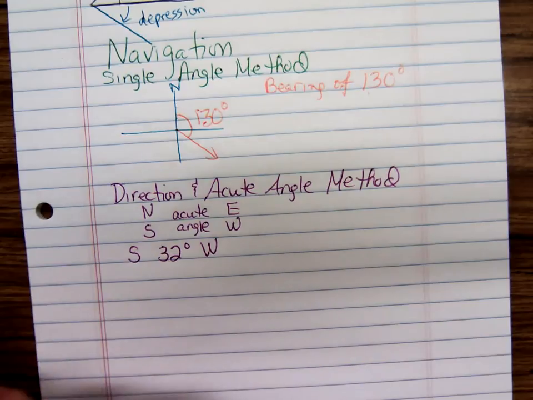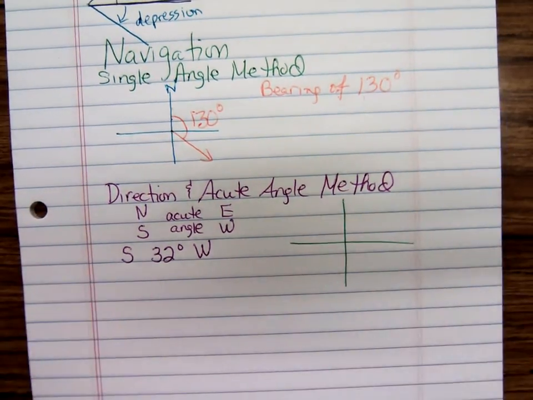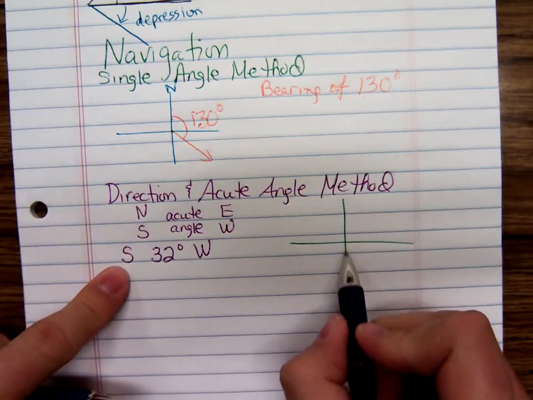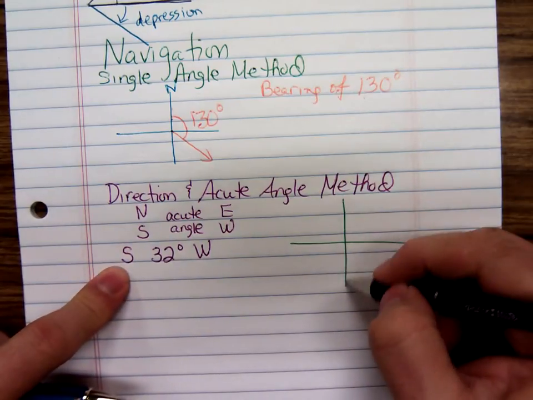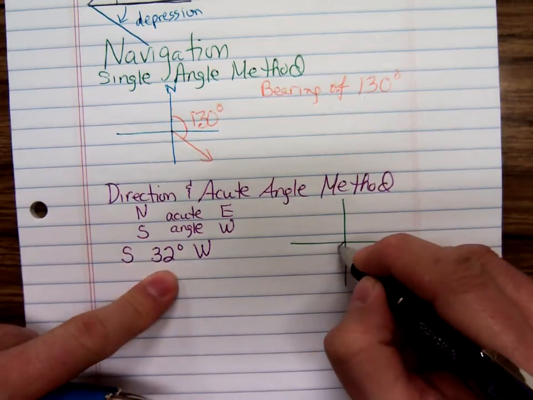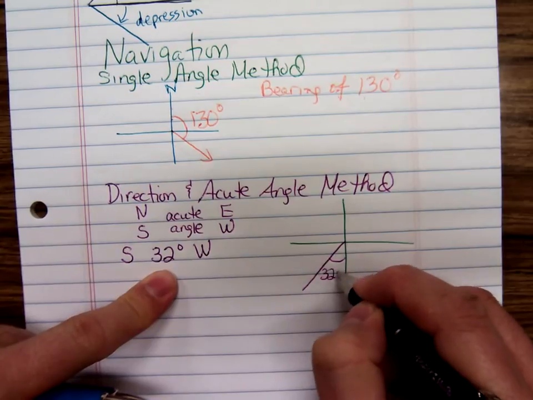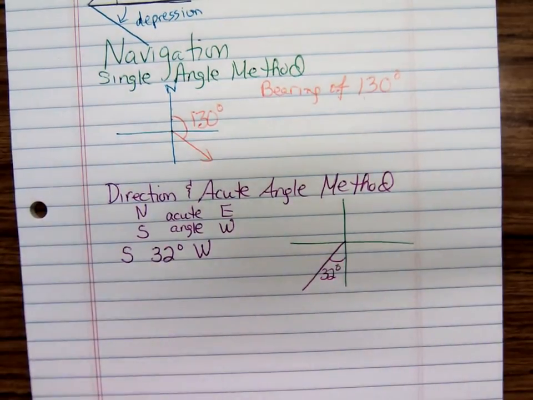So with this method, it tells you start at due south, so down here, and then move 32 degrees towards the west. This angle right here is the 32-degree angle. Okay. So that is the direction and acute angle method.